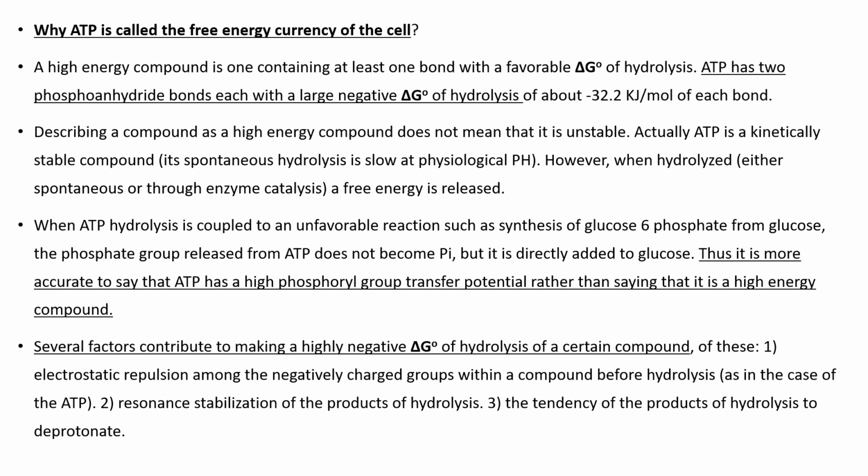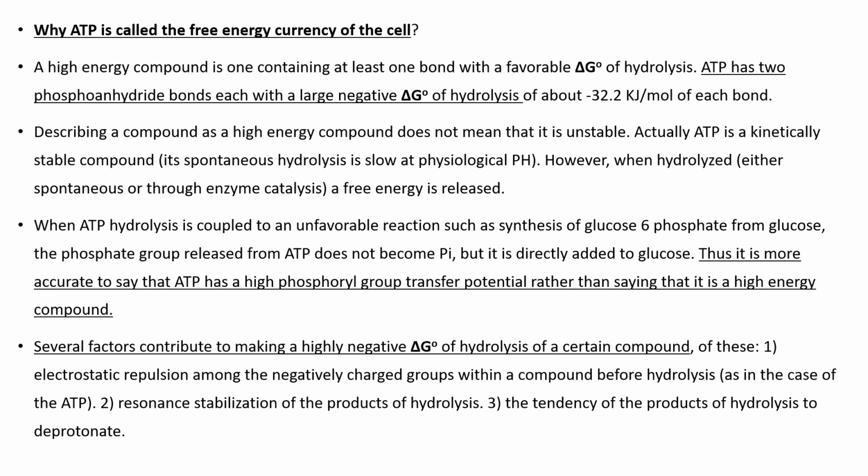Several factors contribute to making the ΔG°' of hydrolysis highly negative. These factors are the electrostatic repulsion among the negatively charged groups within a compound before hydrolysis, which is the case in ATP.